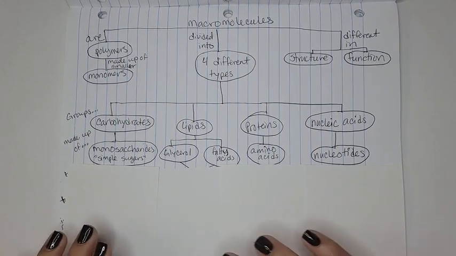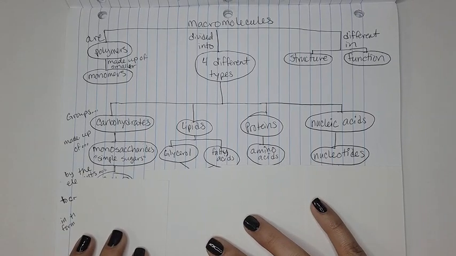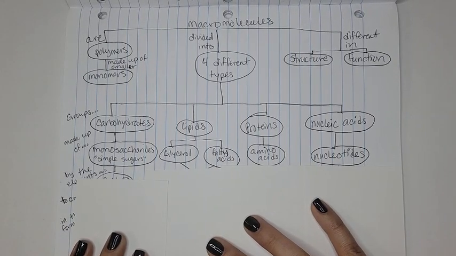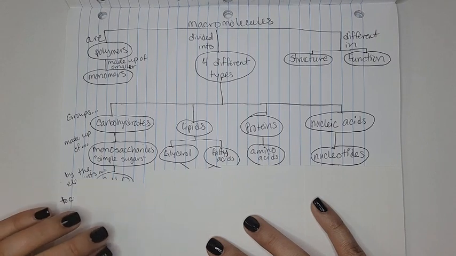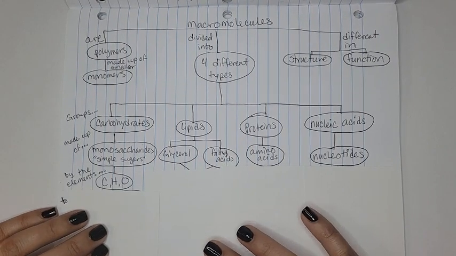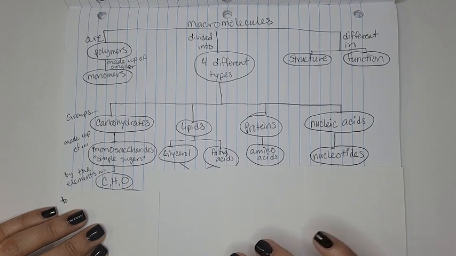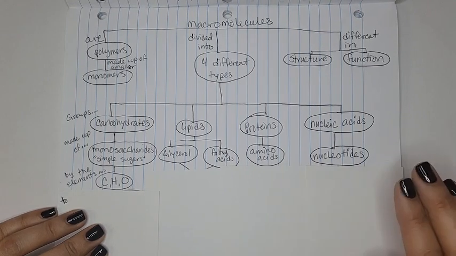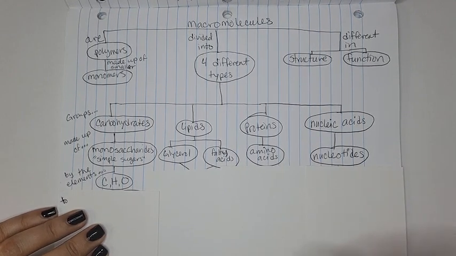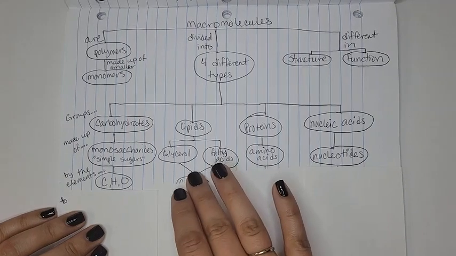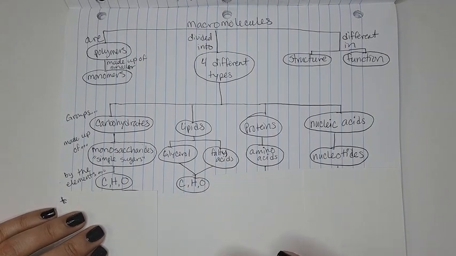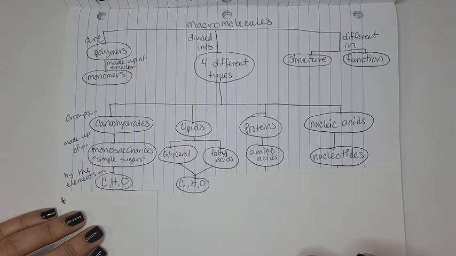Now, from our monomers, what are these actually made up of? So, carbohydrates are made up of the elements carbon, hydrogen, and oxygen. All carbohydrates have these 3 elements that make them up. Lipids are made with at least carbon, hydrogen, and oxygen.